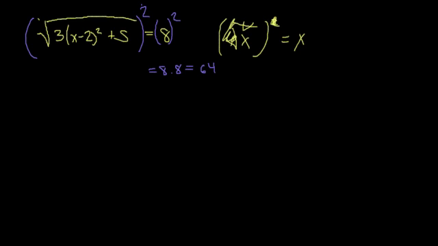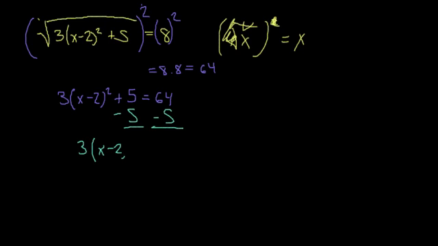So, let us continue. 3 times x minus 2 squared, remember we got rid of the radical, plus 5 is equal to 64. Let's subtract 5 from both sides. So minus 5, minus 5. 3 times x minus 2 squared is equal to 64 minus 5, which is 59.